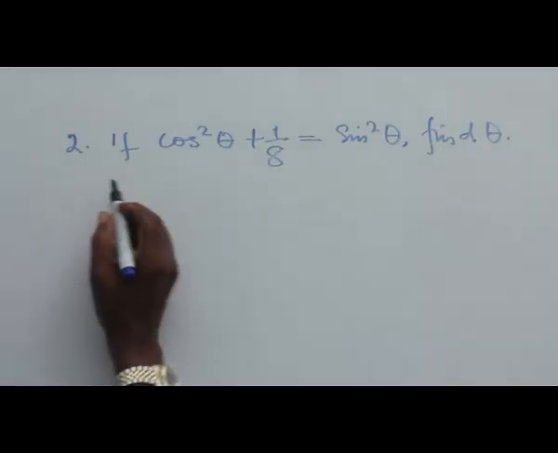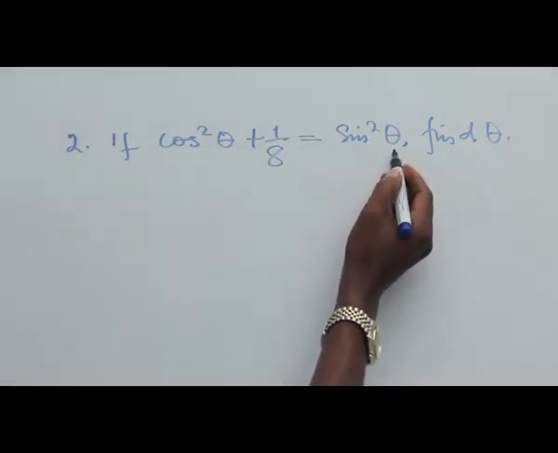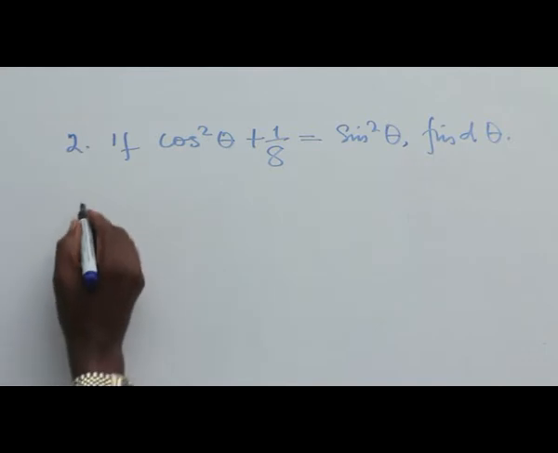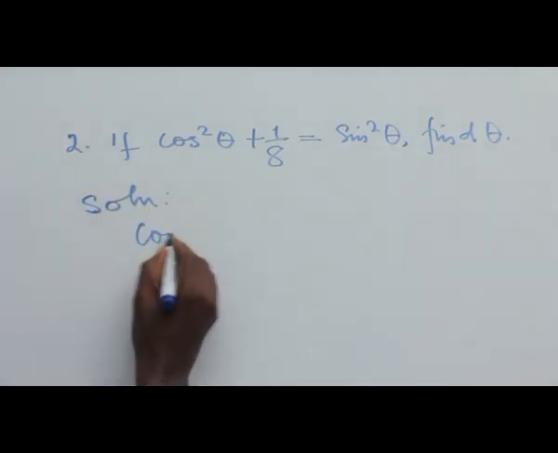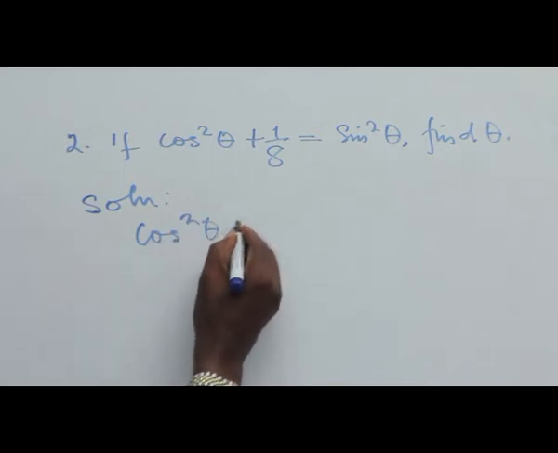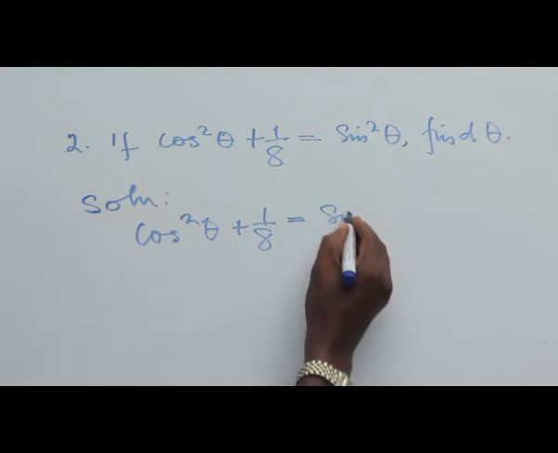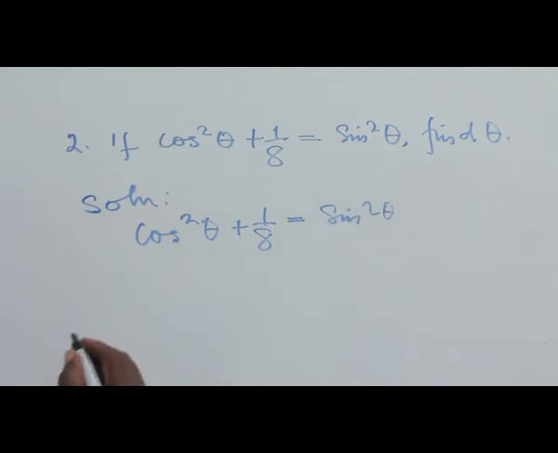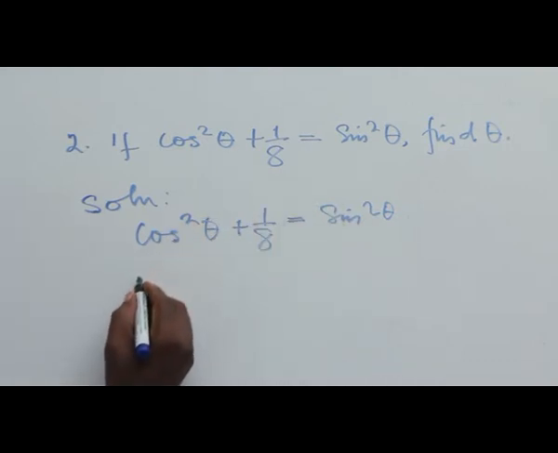Example number 2. If cos square theta plus 1 over 8 is equal to sin square theta, find theta. Solution. We have cos square theta plus 1 all over 8 is equal to sin square theta. Now let's bring the trig ratios to one side.